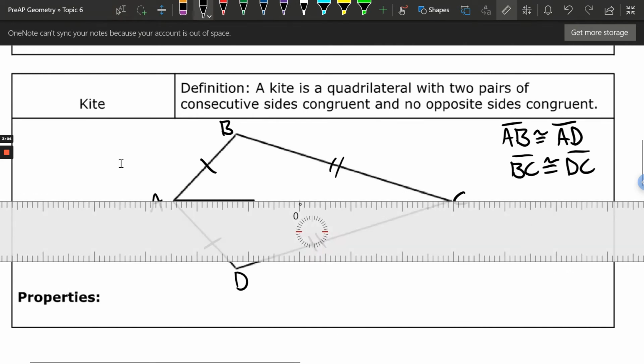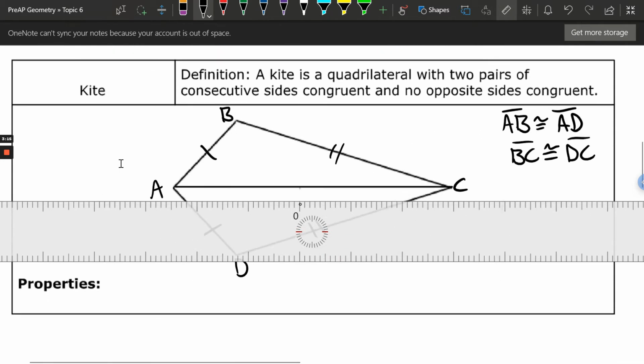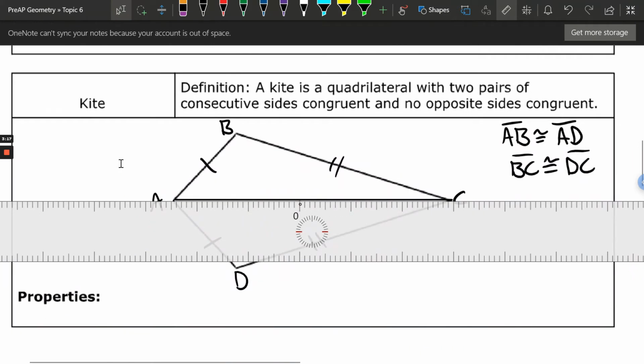It turns out that when you draw this first diagonal, you get two congruent triangles if you think about the diagonal as the third side. So we actually do get some nice angle properties.